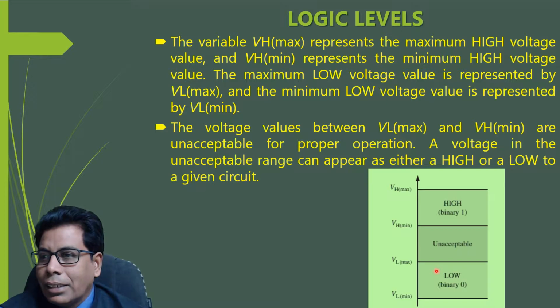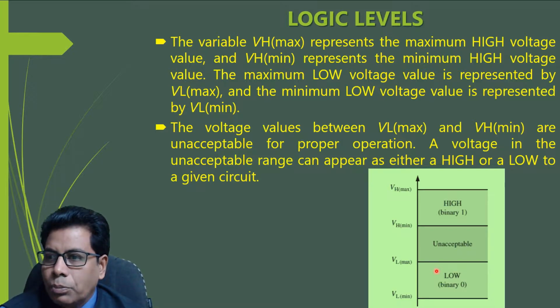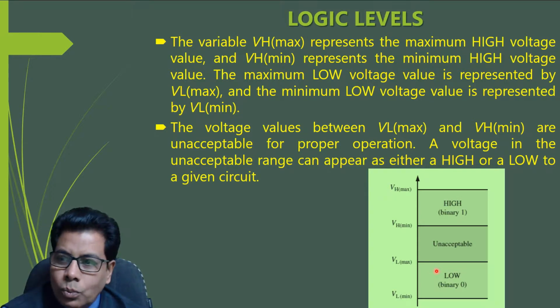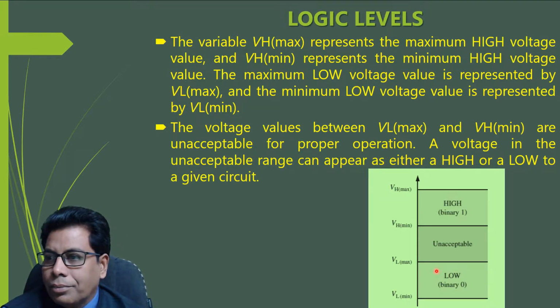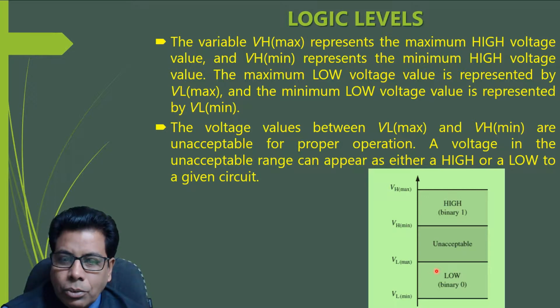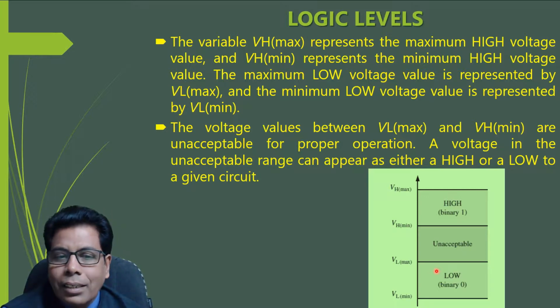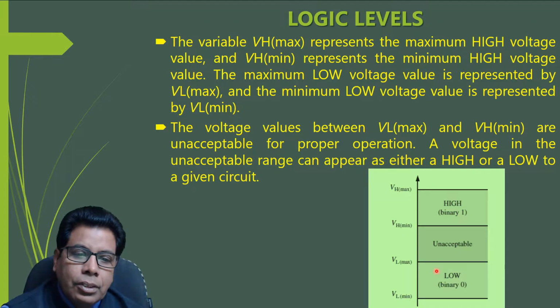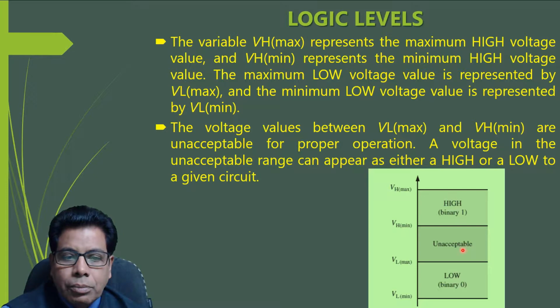In this case, the circuit will accept a high voltage as binary 1. If a voltage of 0.5 is applied, the circuit will accept it as low, a binary 0. The voltages between 0.8 and 2 are unacceptable, because they will not represent anything.